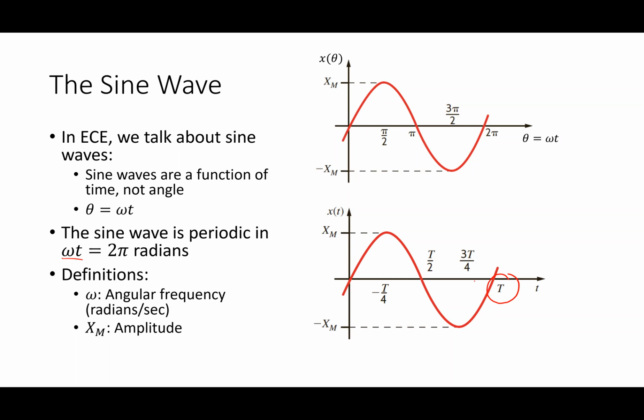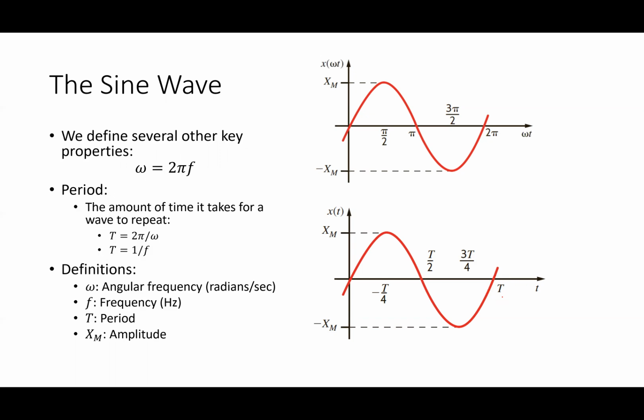So if I'm looking at this formula here, omega t equals 2 pi, right? That happens at time big T, right? So I see that omega is always 2 pi over the period, okay? T is the period, omega is the rate at which that angle advances as time moves, okay?